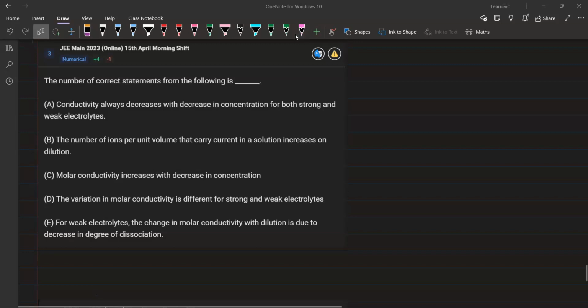Only one is correct. Actually, the first statement is saying that conductivity always decreases with decrease in concentration for both strong and weak electrolytes. What do you guys think? Is this true or false? Tell me, guys. True or false? Conductivity.